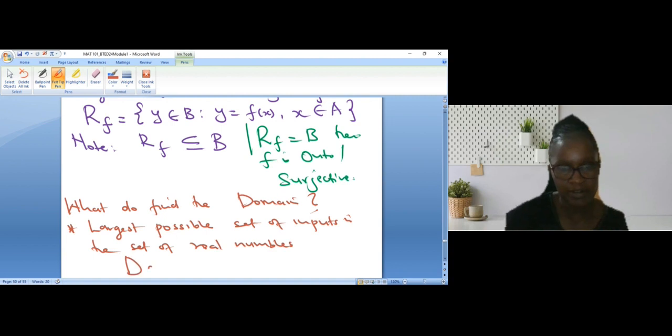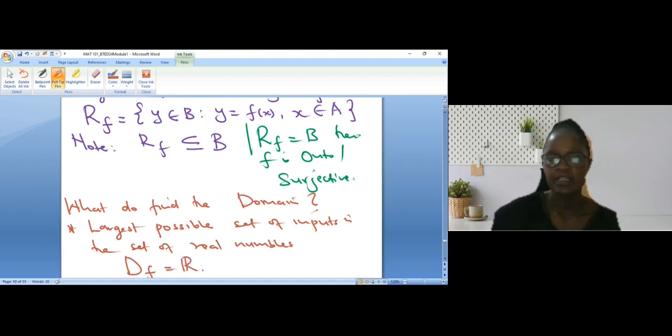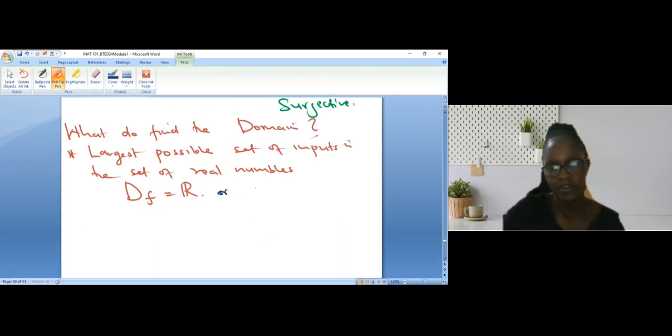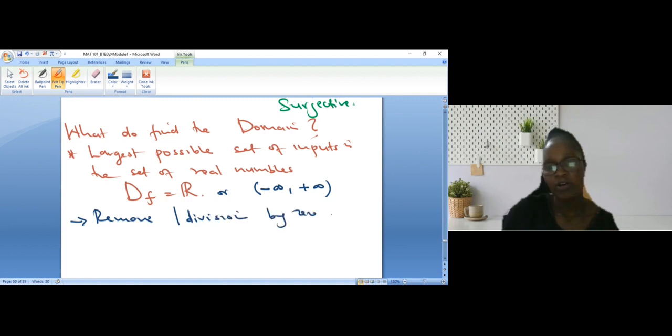So the largest possible domain of the function f is the set of real numbers, or in interval notation, the interval from negative infinity to infinity. To find the domain, you start with the largest set, but remove values that involve division by 0, or finding square roots of negative real numbers.